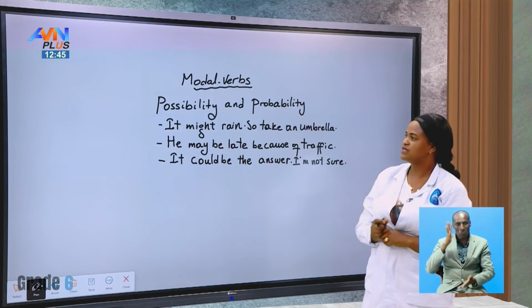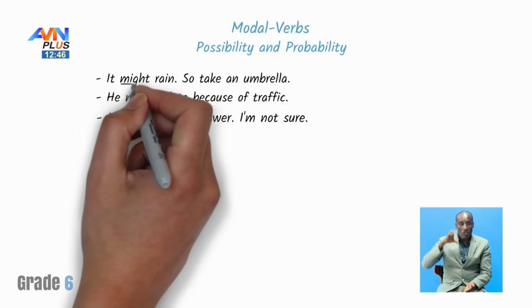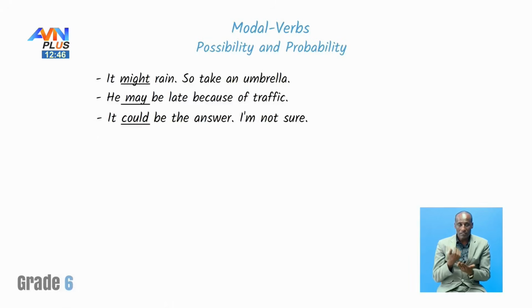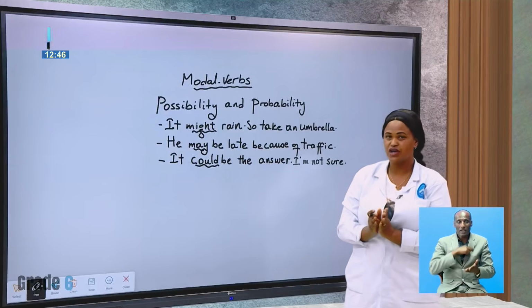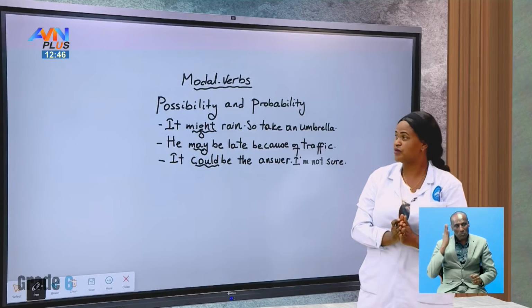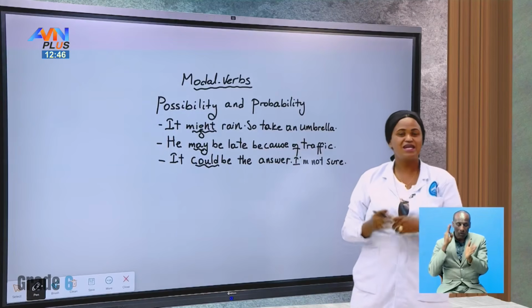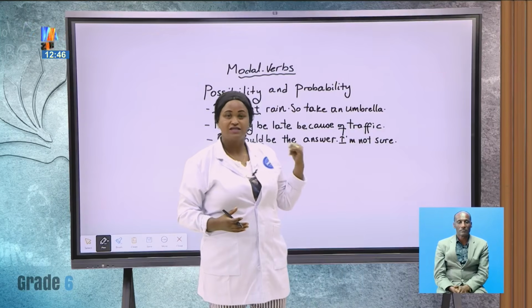Yes, the modal auxiliaries that we see in these sentences are might, may, and could. Now, what do I tell you first? Today we are going to focus on those that can help us to express what? Possibility and probability. Now let's bring out the form of the sentences from these sentences.